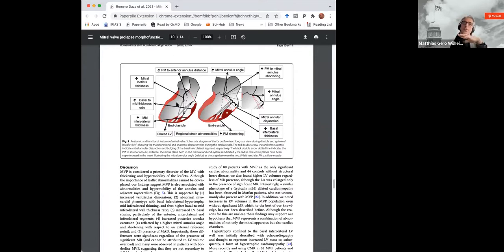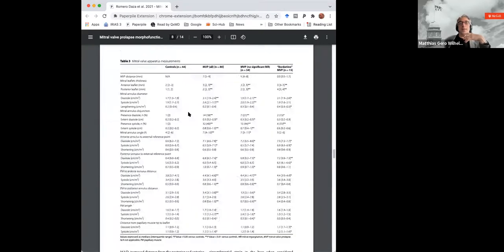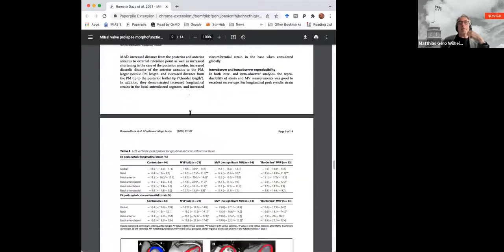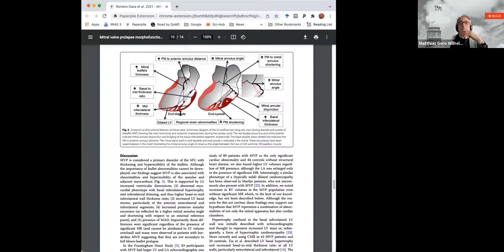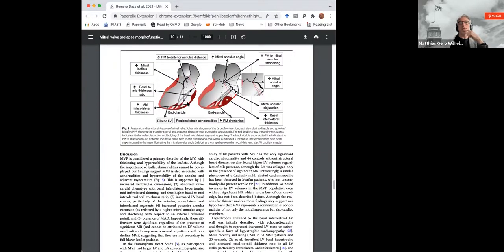So this is interesting to read, that the angulation has significant implications on the mechanics, and that some of the abnormalities that we see and that have been described in that long table here can be explained by the angulation.